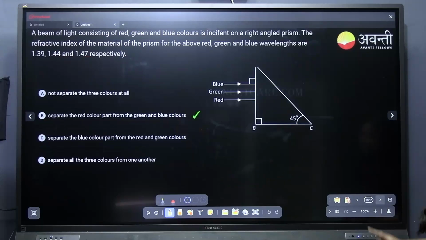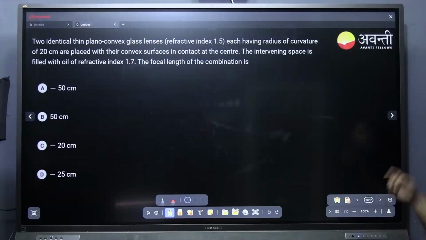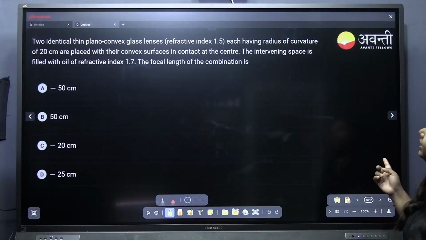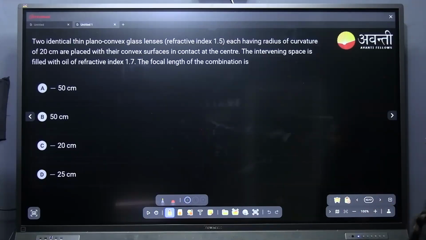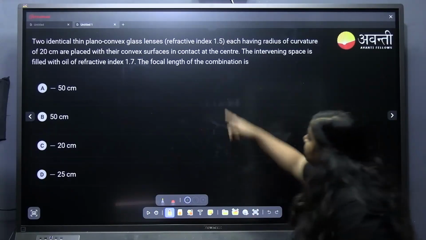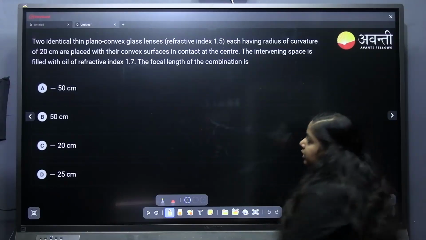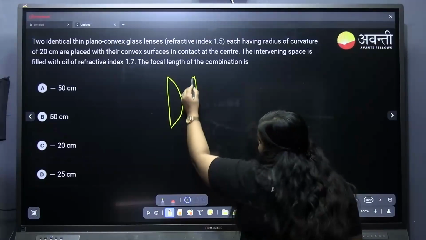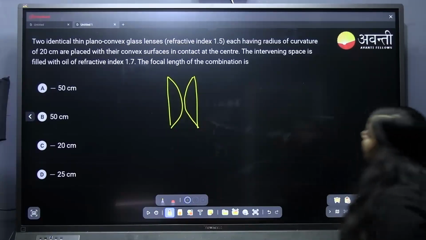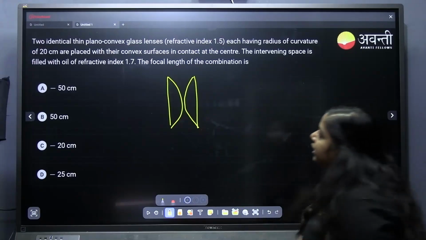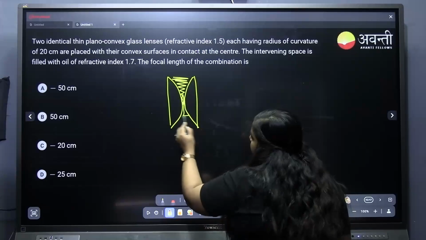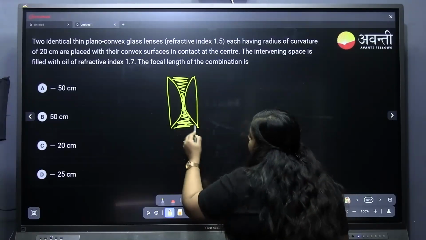Now moving on to the next one. Two identical thin plano convex glass lenses, mu 1.5, each having radius of curvature 20 centimeter, are placed with their convex surfaces in contact at the center. The intervening space is filled with oil of refractive index 1.7.